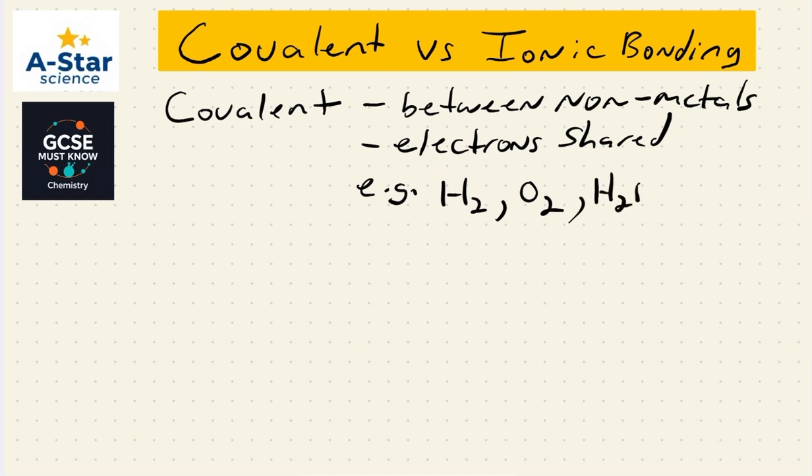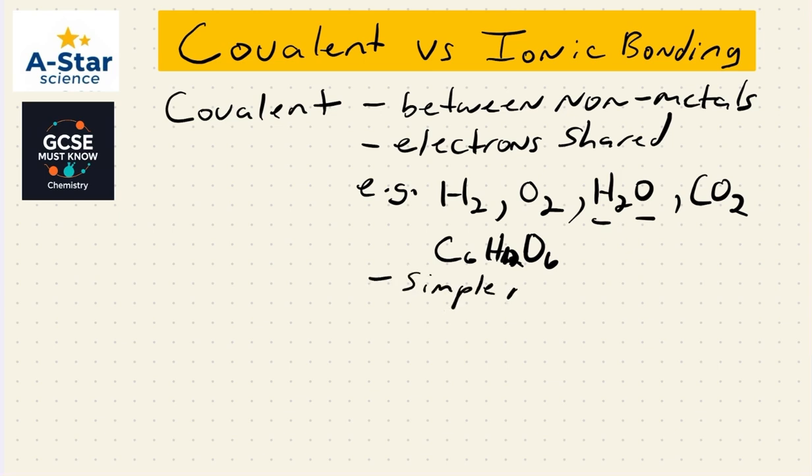Water is an example because there are two or more nonmetals, hydrogen and oxygen. Carbon dioxide, and even glucose, C6H12O6. That's why we call glucose a molecule, because covalent bonding forms simple molecules.